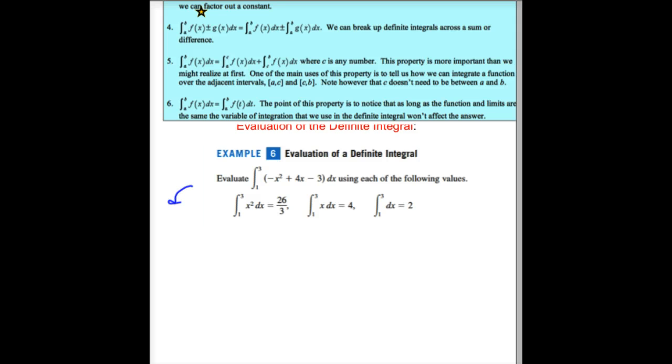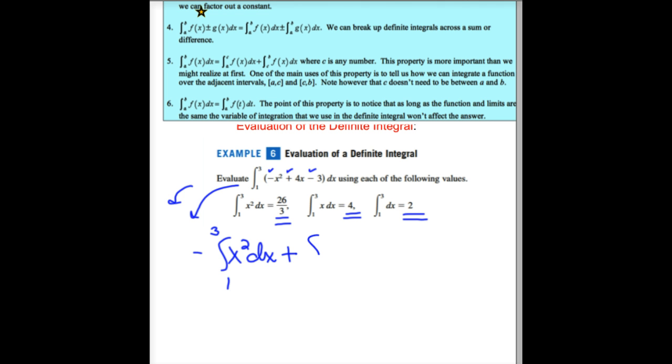What they're doing is they give you one big, long integrand. You're going to notice that it's a sum and a difference, so you're going to be able to break it apart. You're going to bring constants out front, and then you're going to use these values to complete it. So you're going to split it into the integral from 1 to 3 of x squared with a negative out front, because that's a constant.